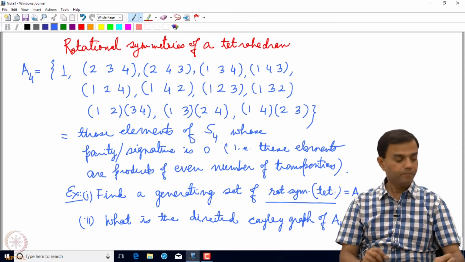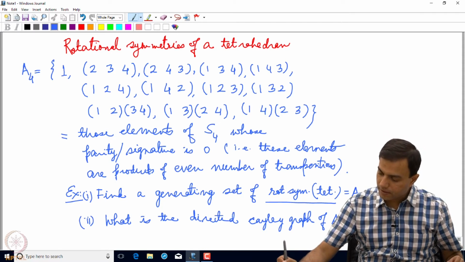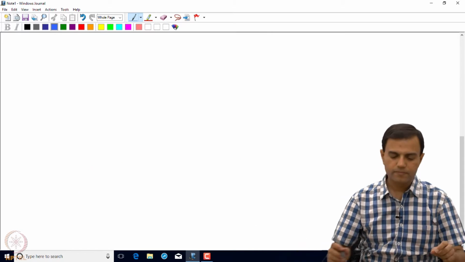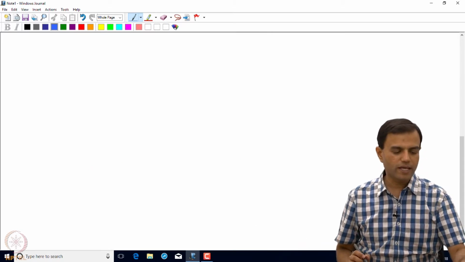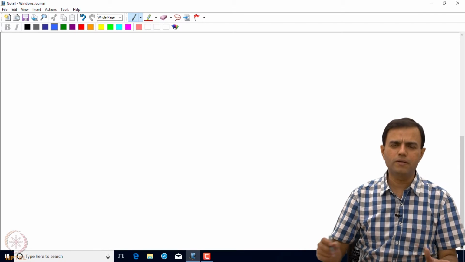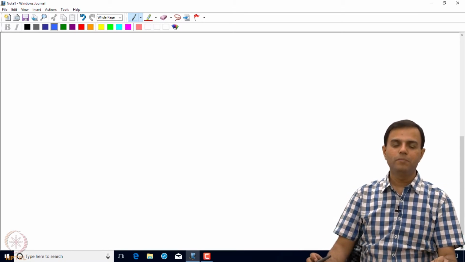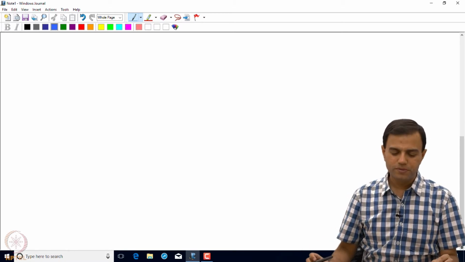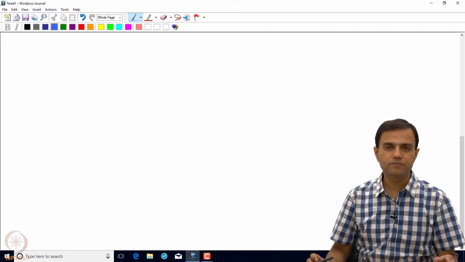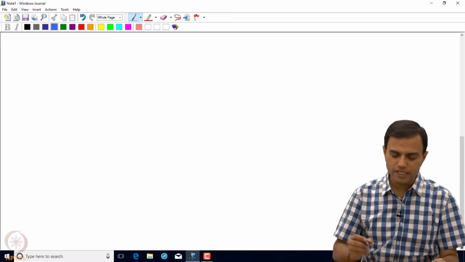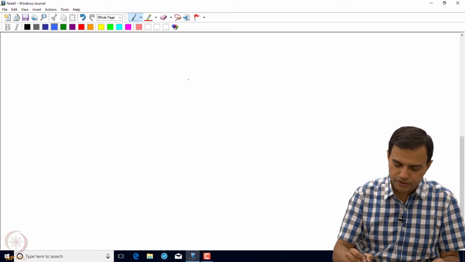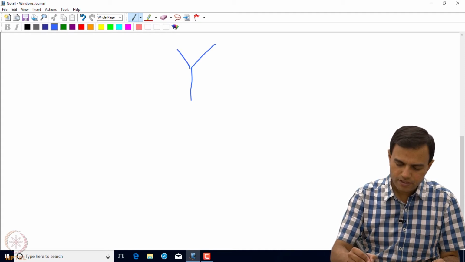So, well, I am going to tell you what exactly the Cayley graph is, how it looks. I am not going to label it, but just for you, for some choice of generators, for some generating set, the Cayley graph looks like this. I am just drawing it as a picture.